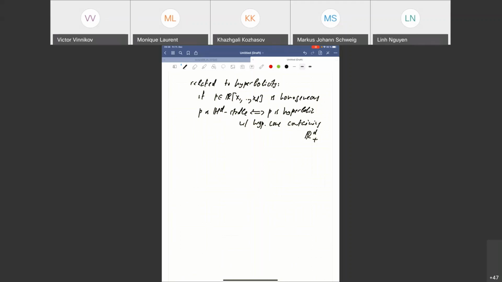And the other important special case is Omega, the unit polydisk. So here D is the unit disk. And that's again for d equals 1, a classical topic.